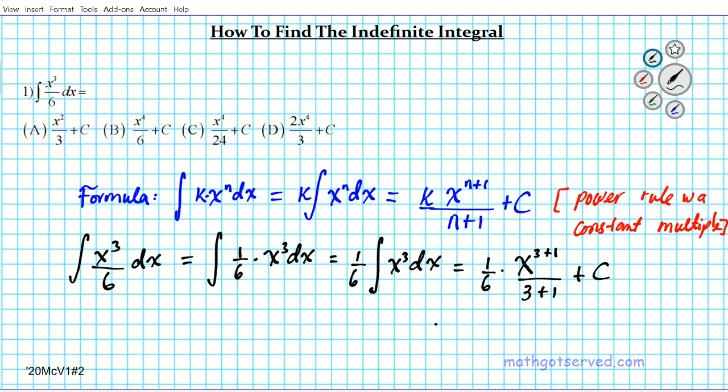This becomes 1 over 6 times x to the fourth over 4 plus c. And then we'll multiply. That's going to give us x to the fourth over 24 plus c, and that, ladies and gentlemen, is the answer to question number 1.